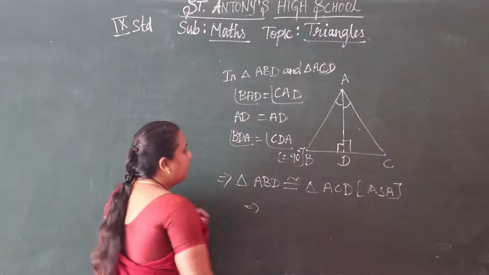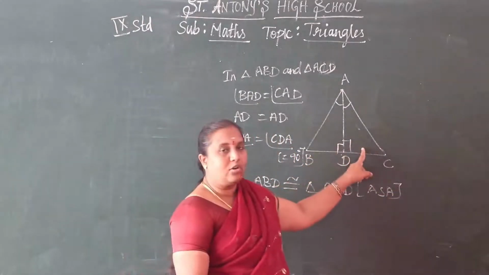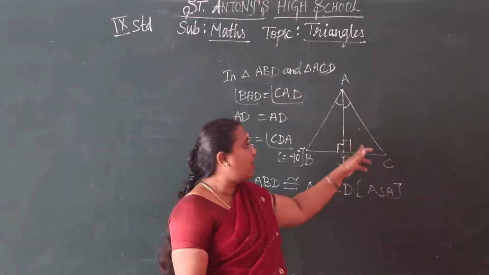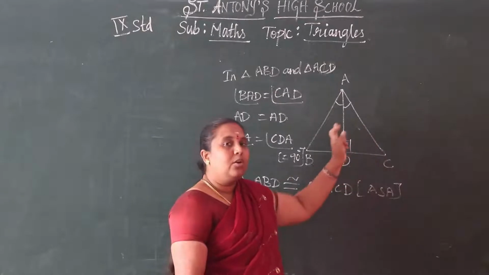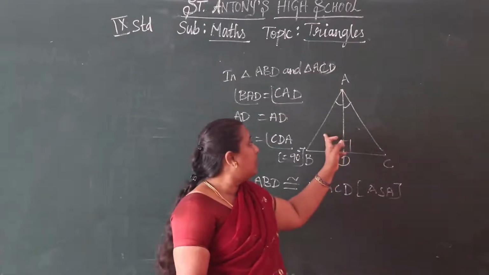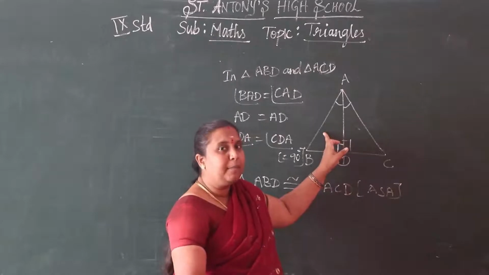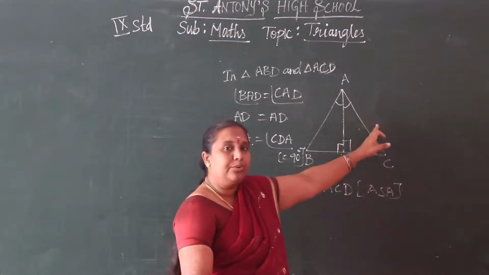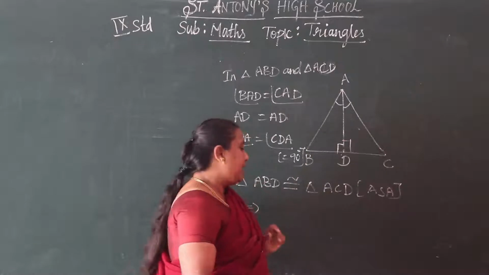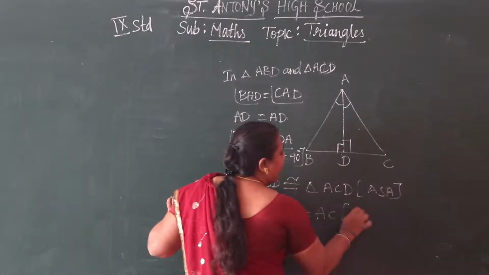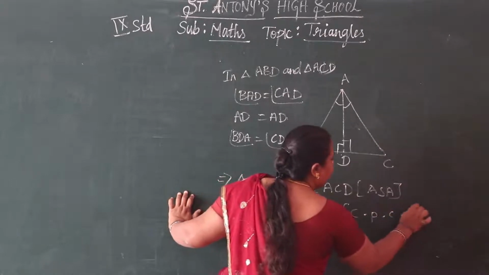Since these two triangles are congruent, the corresponding parts of congruent triangles are equal. What we want to show here is AB equals AC, by corresponding parts of congruent triangles.